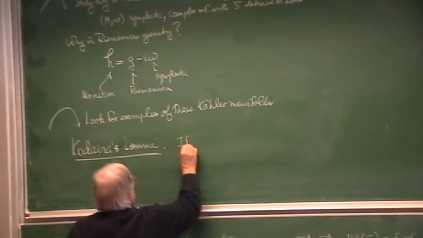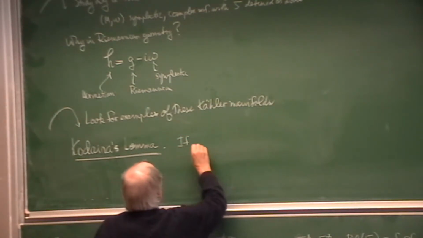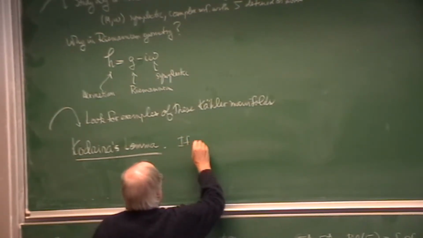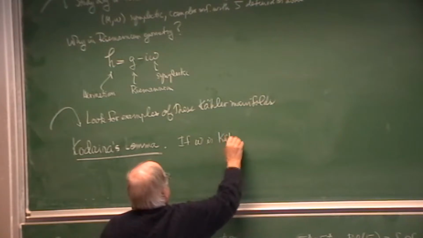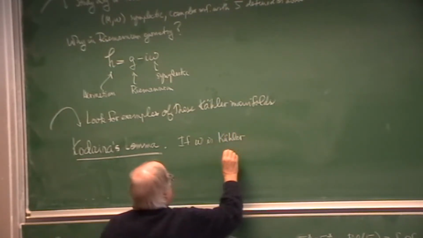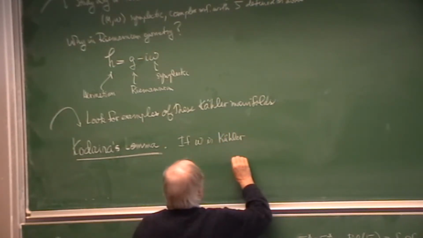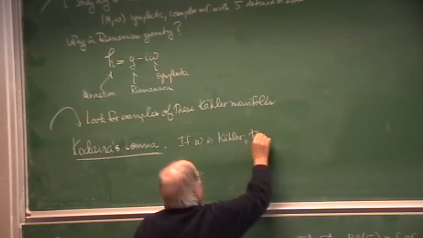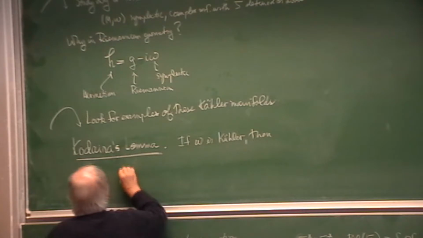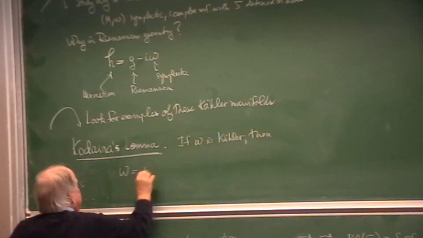If omega is exact, the symplectic form is exact, then omega has a potential.